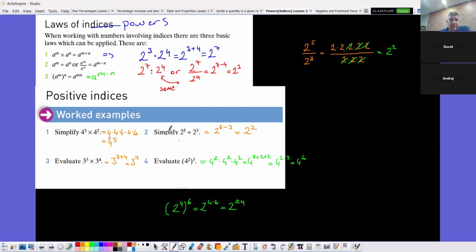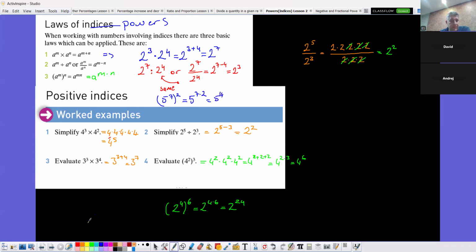And the last one is 5 to the power of 7, to the power of 2, which is equal to 5 to the power of 7 times 2. Power of power is equal to 5 to the power of 14.